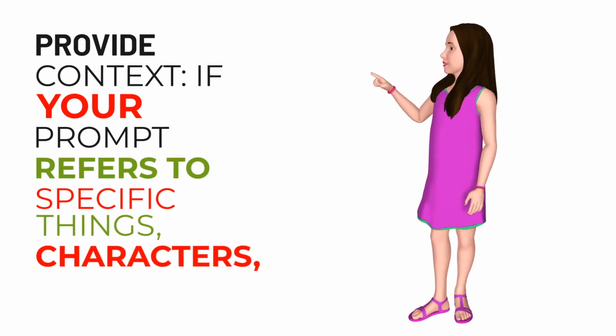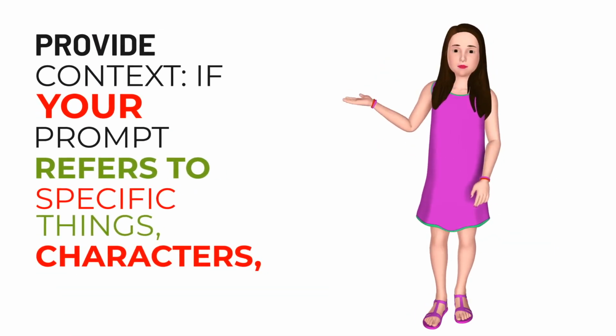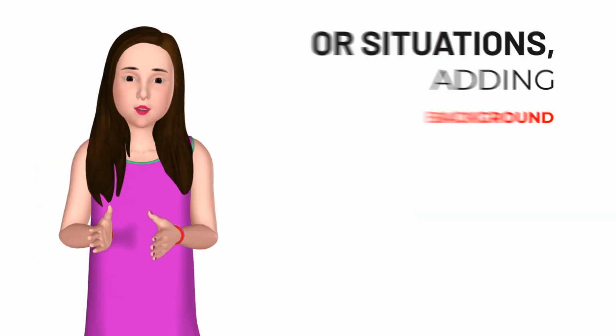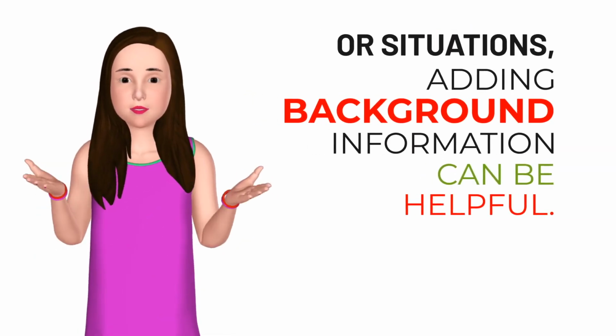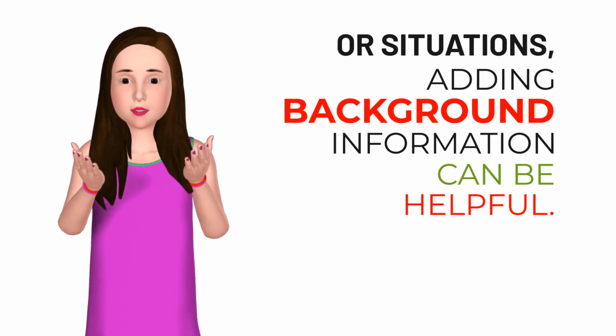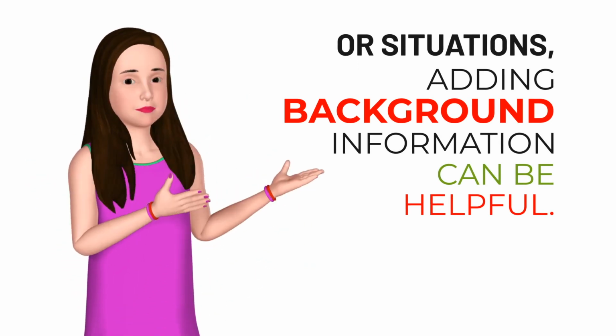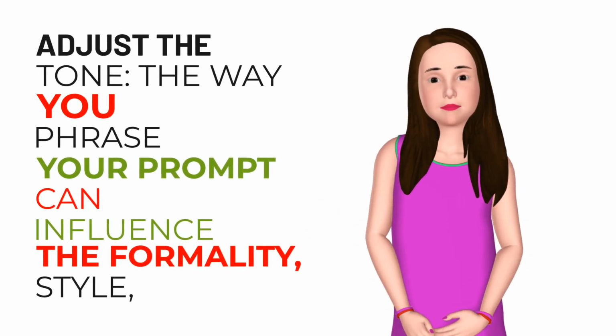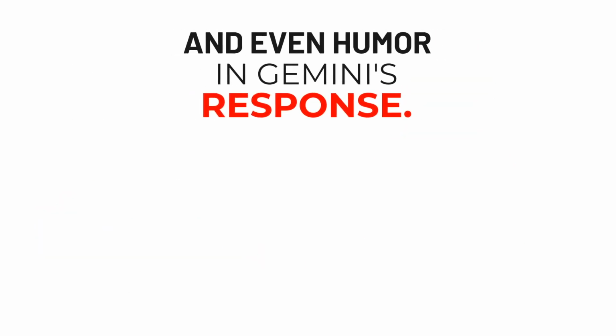Provide context. If your prompt refers to specific things, characters, or situations, adding background information can be helpful. Adjust the tone. The way you phrase your prompt can influence the formality, style, and even humor in Gemini's response.